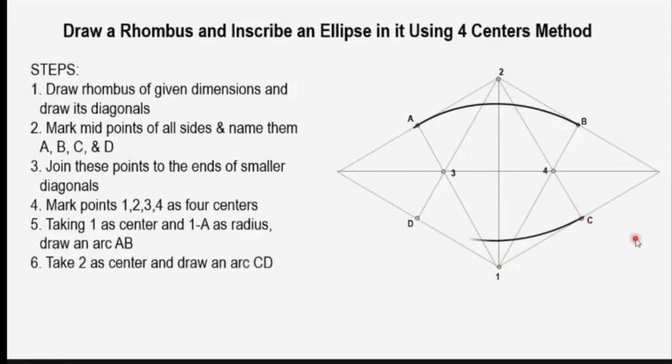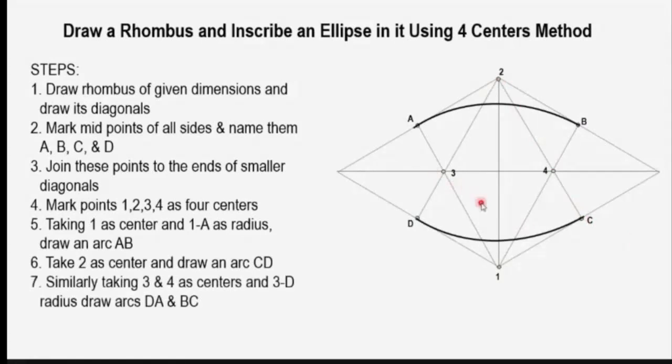So we draw an arc, we get another arc C and D. Now take 3 as center and radius equal to 3D or 3A. Similarly take 4 as center and radius equal to 4B or 4C. Draw 2 more arcs.